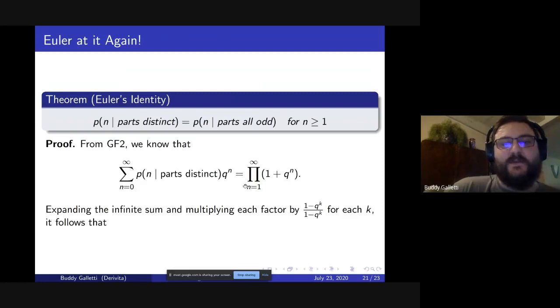So what we can do is look at the infinite product and manipulate it algebraically in a way that'll get us to a statement that uses our first theorem that showed how we represent these partition things as infinite products.